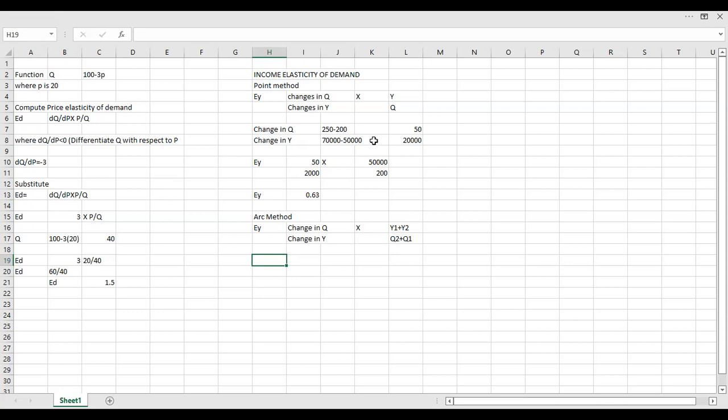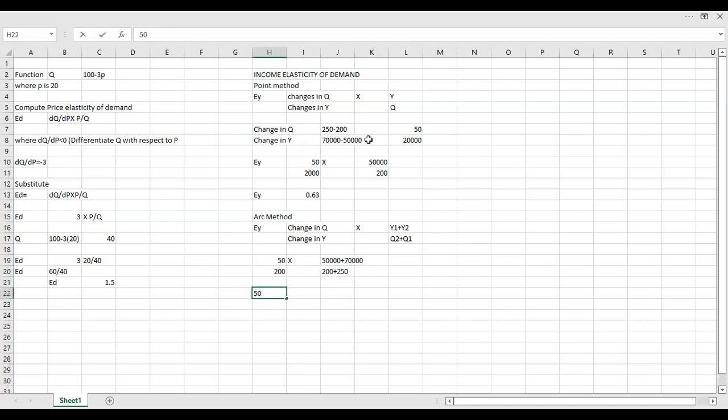This will now be represented by the change in quantity, which is 50, divided by 200, the change in income, multiplied by Y1, the year one income, which is 50,000, plus year two, 70,000, divided by Q2 and Q1, that's 200 plus 250.